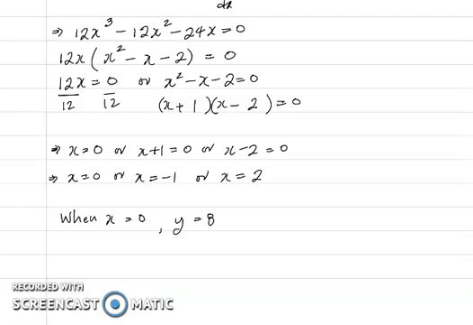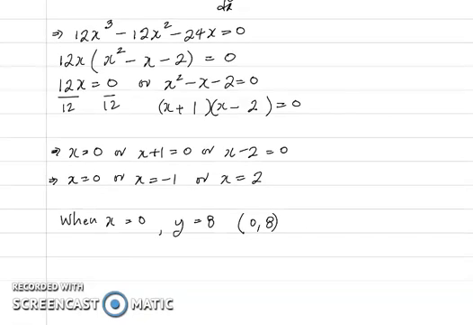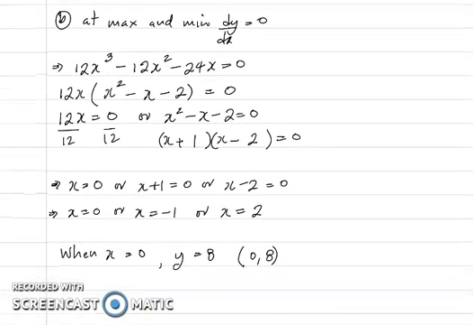So one stationary point is the point 0, 8. So 0, 8 is one of the stationary points. All right. We could come back here and maybe save some space.